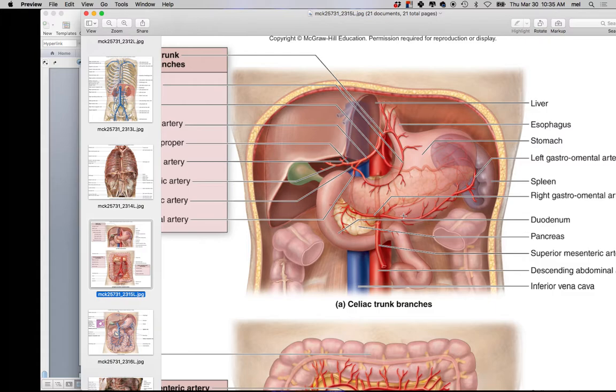So celiac trunk, immediately under the diaphragm, that's where the celiac trunk is going to give rise to this artery delivering blood to the spleen. And we're going to call that the splenic artery. Okay? It's going to give rise to this branch right here, going around the lesser curvature of the stomach from the left side. That's called the left gastric artery. It's delivering blood to the left side of the stomach. Does that make sense? Okay?